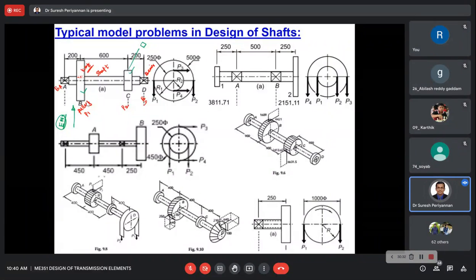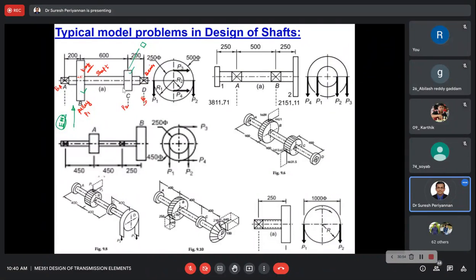Those approaches we are going to use to find the diameter of the shaft, because we already discussed the equivalent twisting moment and equivalent bending moment. Now we are going to discuss the resultant bending moment, and how we find it we will discuss in the problem.